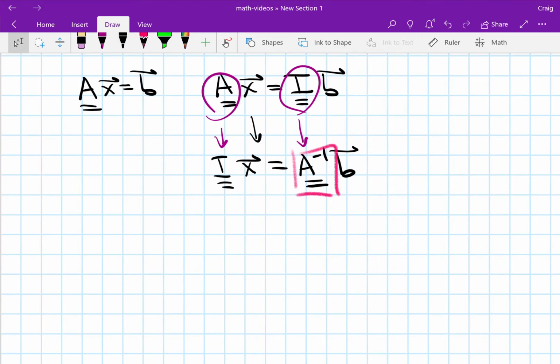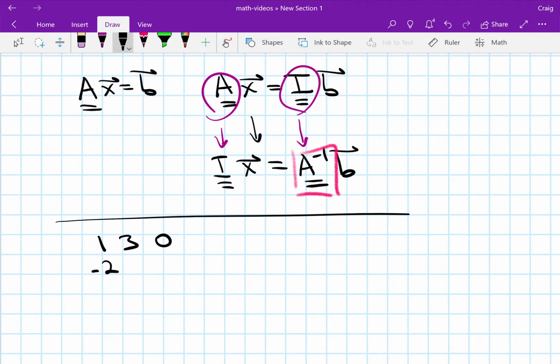So as a concrete example, let's consider the matrix 1, 3, 0, minus 2, 3, 1, 0, 1, 1, and let's append the identity matrix 1, 1, 1, 0, 0, 0, 0, 0, 0.